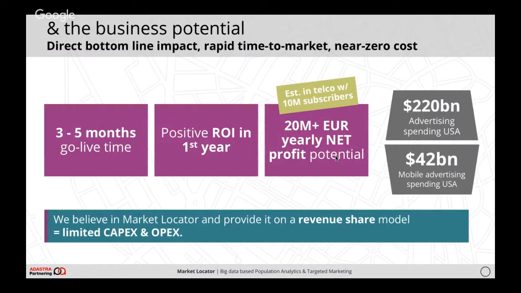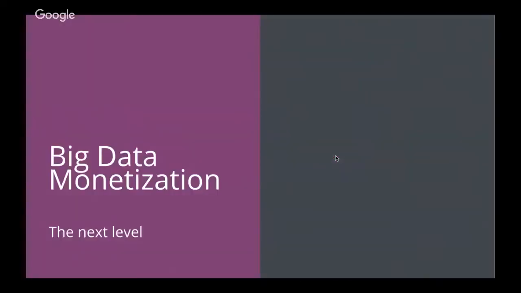So the business potential of you as a telco or of you as a bank using your data to create a new service is pretty enormous. This is the first level: bringing in those first dollars from your data.